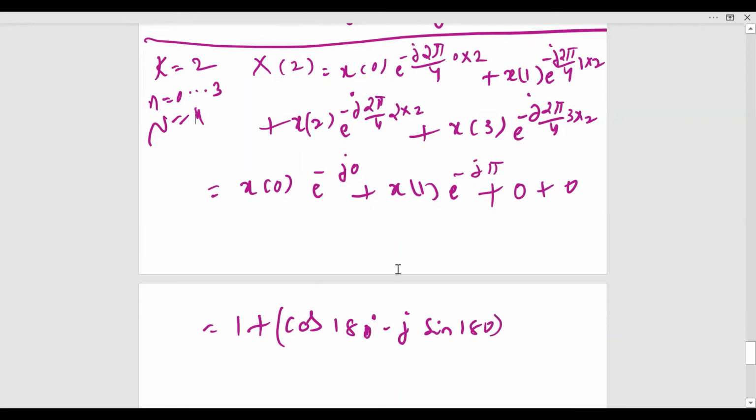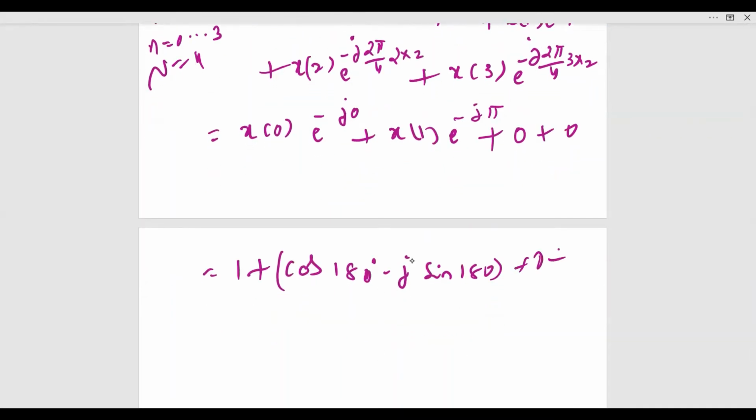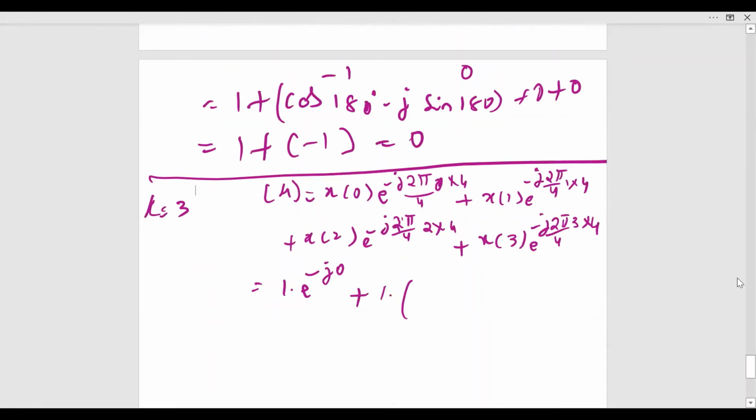Rest are 0, so we can ignore them. 1 plus cos 180, so this is equal to minus 1. And sin 180, we know it as 0. So we get it as minus 1, minus obviously 0. Right? So 1 minus 1 is 0. So x of 2 is 0.